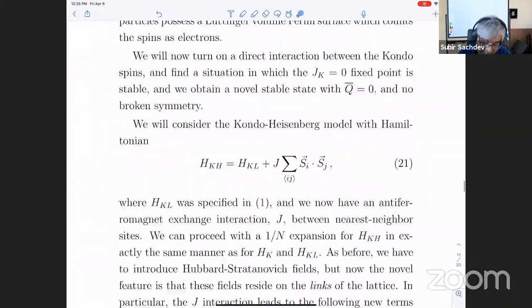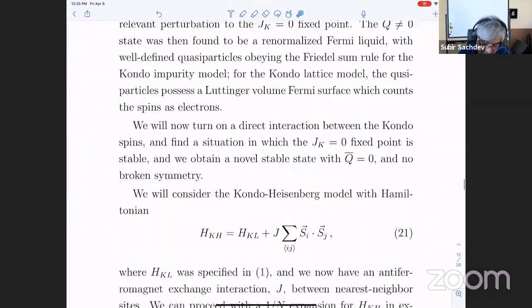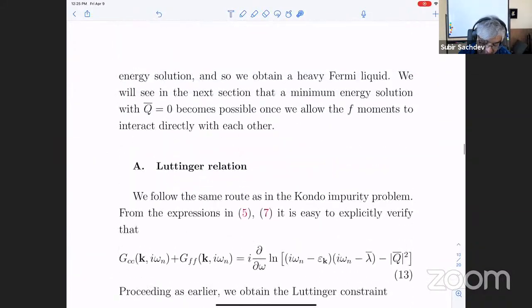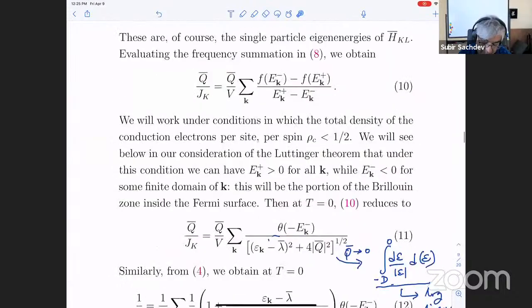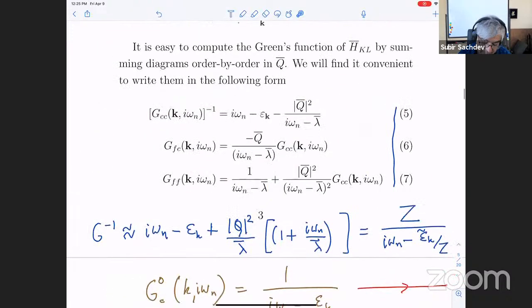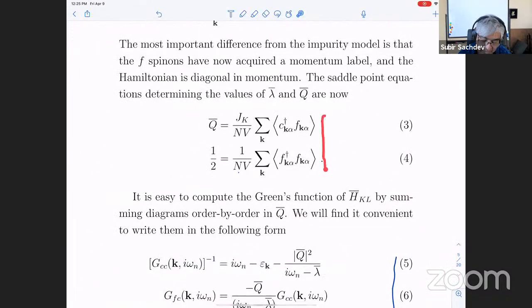Just to remind you, the equation for Q bar is way back here. Yeah, here. So these equations remain exactly the same. Q bar is J K times C dagger F, and lambda just determines the density.